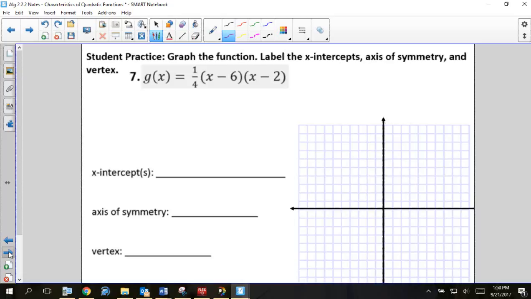So use those examples that we've done to kind of model what you're doing now. And then up on the board, I'm going to work this out, but please do not just look at the answers until you've done it yourself, so that you can check your answer rather than just copying them down. You can make sure you're doing it right.